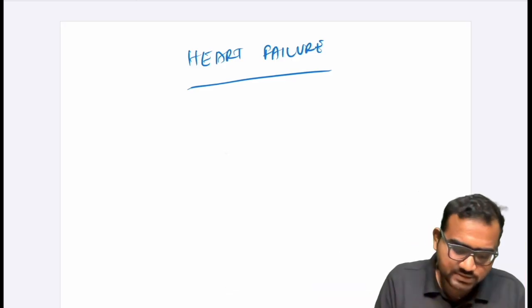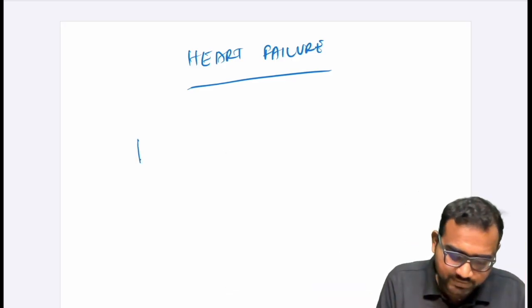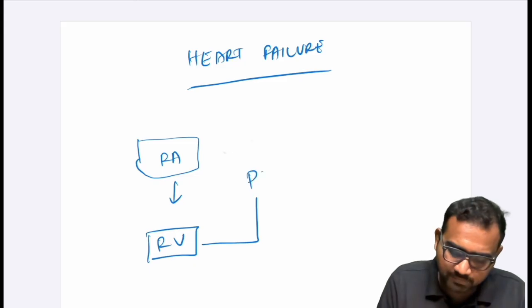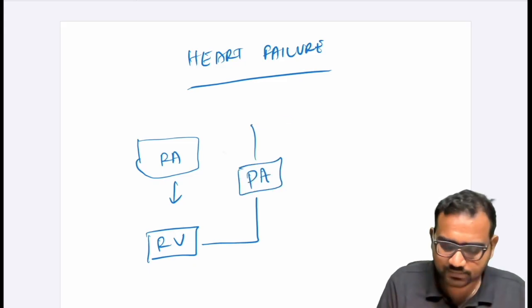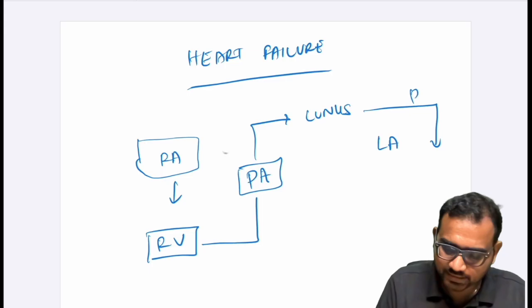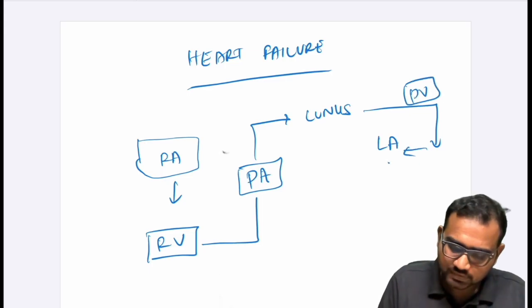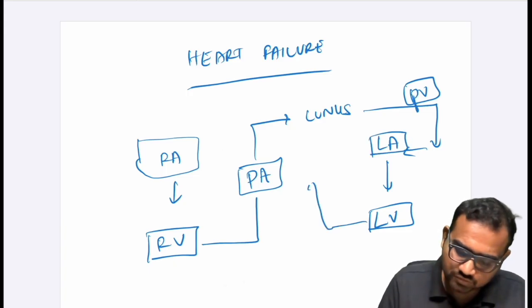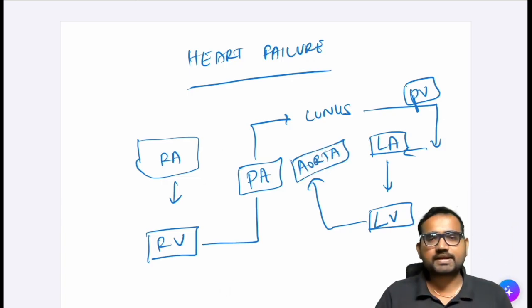Blood is received from the right atrium, passes to the right ventricle, then to the pulmonary artery, and is taken to the lungs. The left atrium receives the blood from the pulmonary vein and passes it to the left ventricle, then to the aorta, and it is distributed throughout the body. This is the basic mechanism.